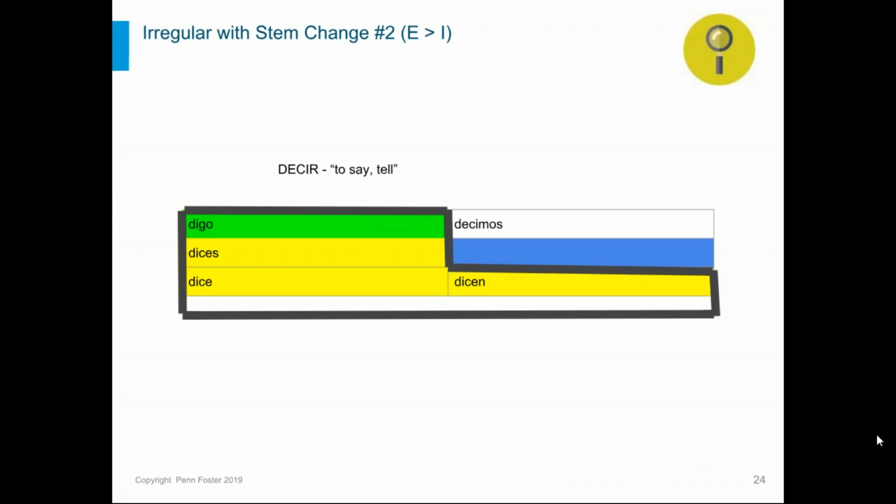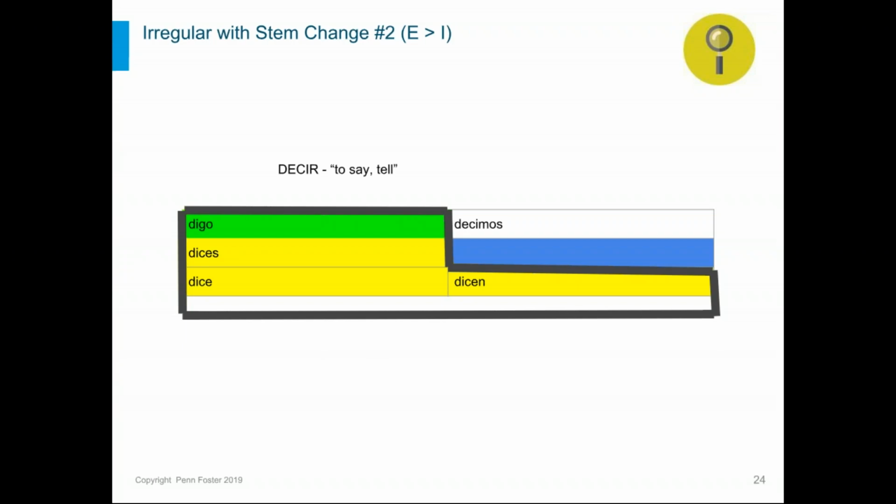And our last example of an irregular verb with a stem change would be the verb decir that we mentioned earlier in the webinar, a verb that means to say or to tell. There is that E to I stem change within the boot, but one difference is, as you can tell in first person singular, to say, or I tell, there is a G there.